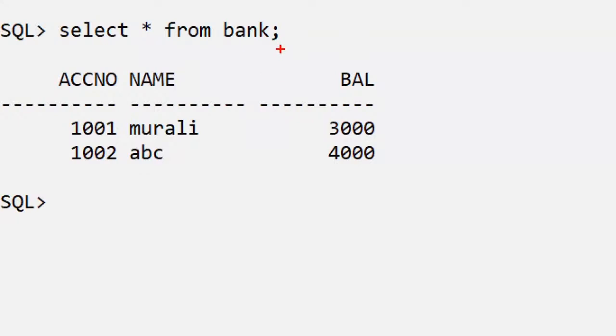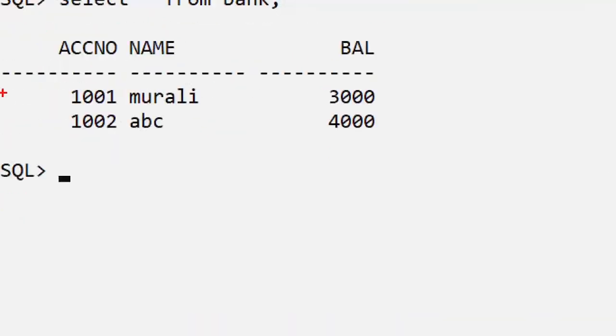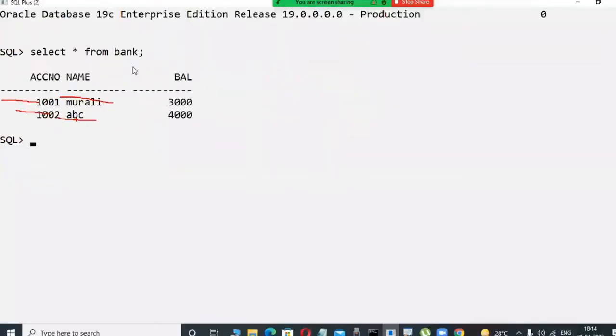Suppose this is in a bank, for example, SBI bank. In this bank, this is the data. Observe here, these are columns: account number, name, and balance. These are called columns. Here, these are 1001 and so on. These are called rows or data.